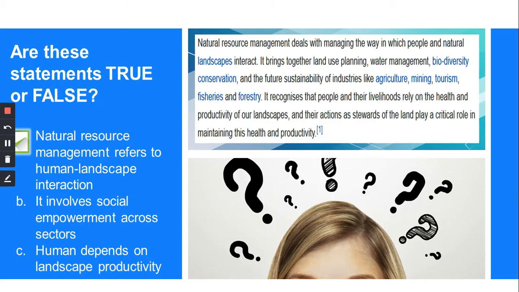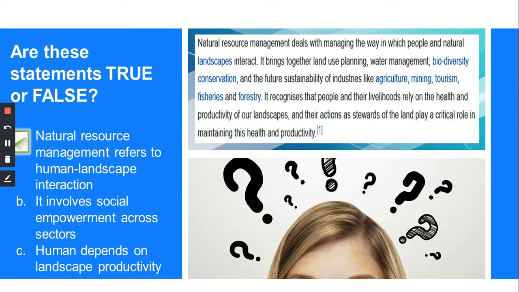And then we also have statement B. It involves social empowerment across sectors. Natural resource management juga berkaitan dengan penguatan masyarakat dalam berbagai sektor. Well, we need to find out whether it is stated or unstated. Coba kita lihat di line 1, line 2, line 3.